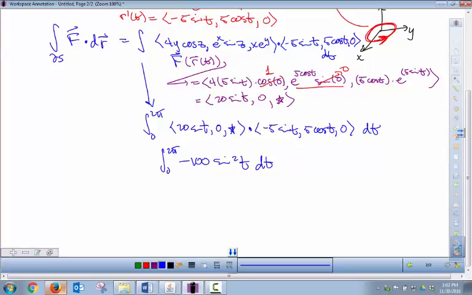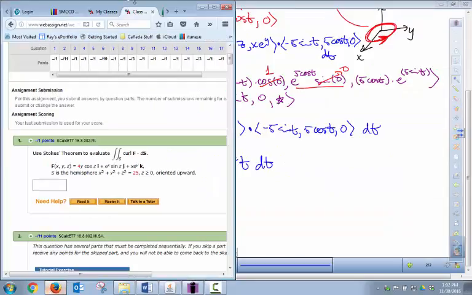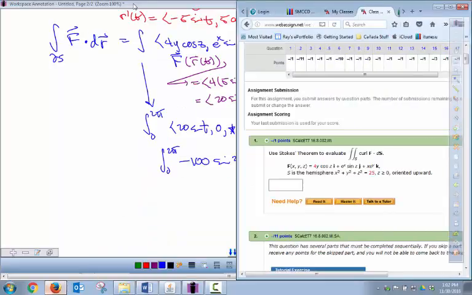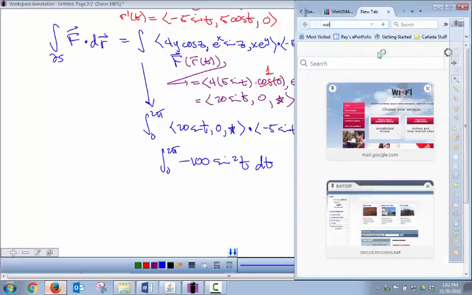Which is not the easier of the trig integrals. So I'm going to have Wolfram Alpha find it for me.